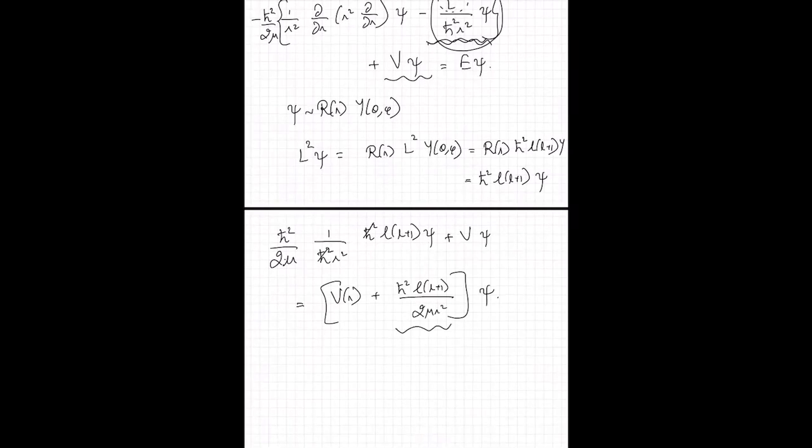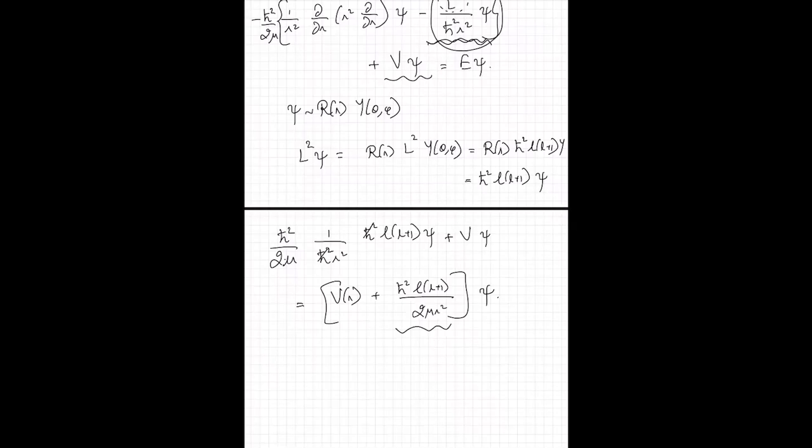Okay, so remember that this piece actually comes not from the potential energy part, but from the kinetic energy part. The angular part of the kinetic energy operator simply acts on the Y's to give you h bar square l(l plus 1) times the Y, and that is why you get this very simple form, which is just 1 over r square times psi.